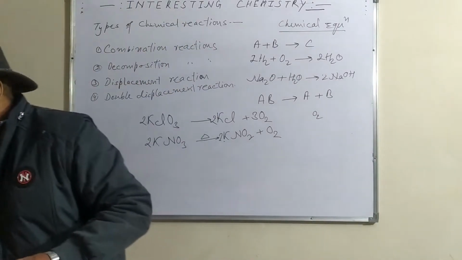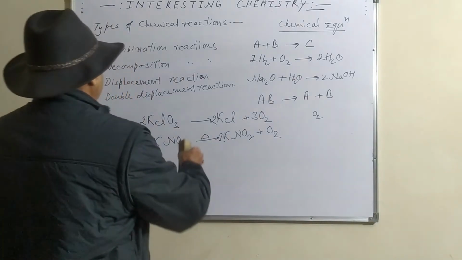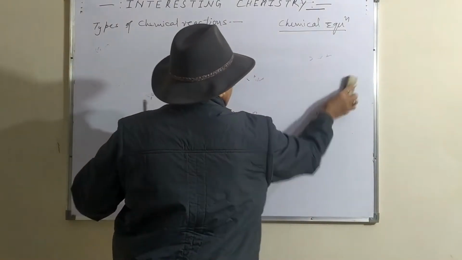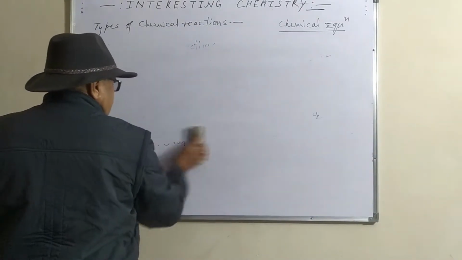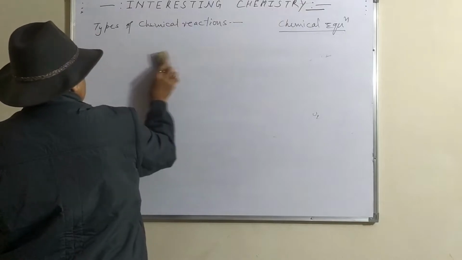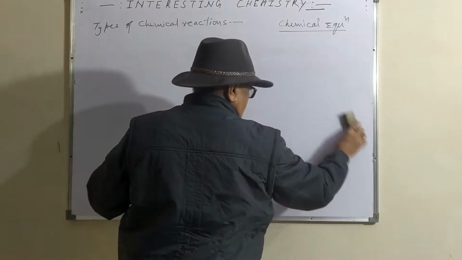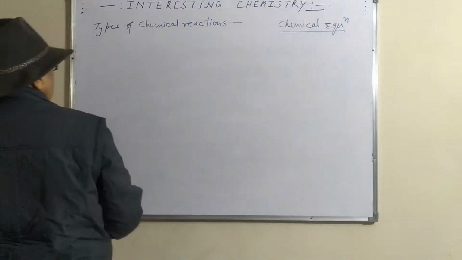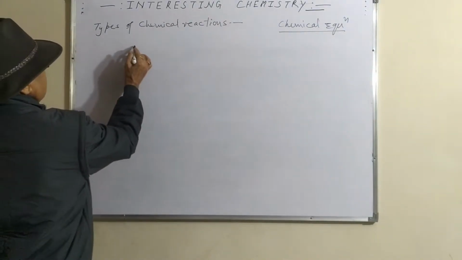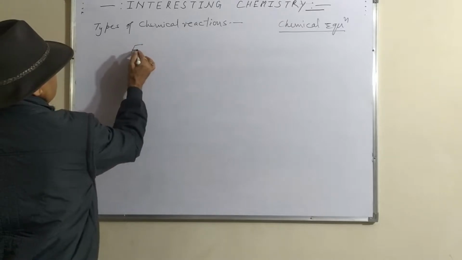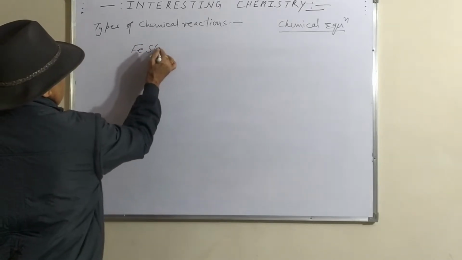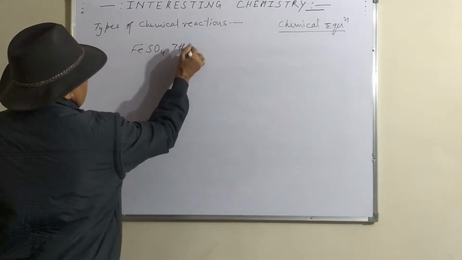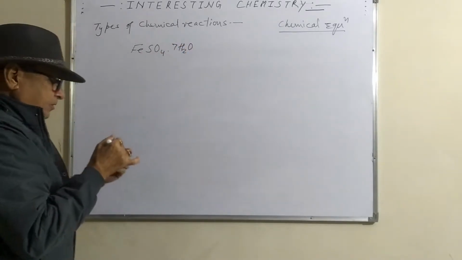Again I am giving some more examples about the decomposition reaction. Here you take the example when crystalline ferrous sulfate is heated, what will be the form? This is crystalline FeSO4·7H2O, with crystal water in the FeSO4.